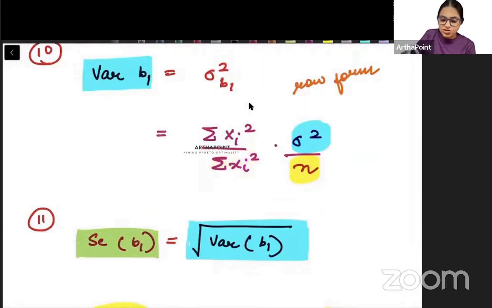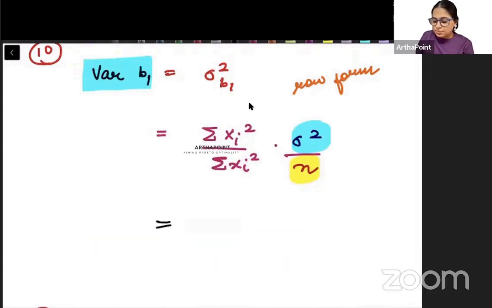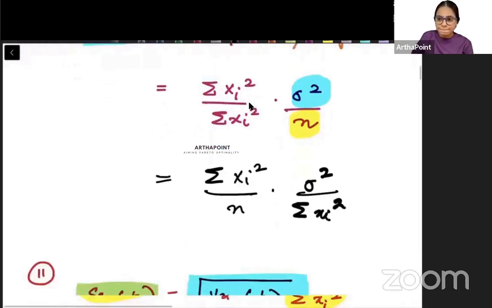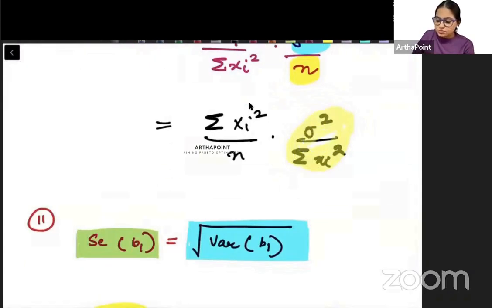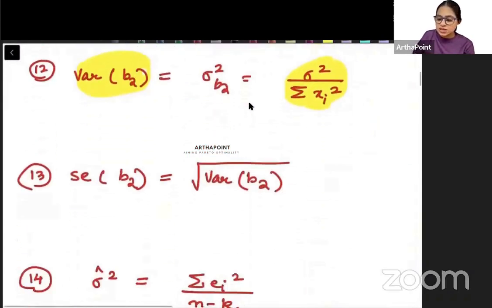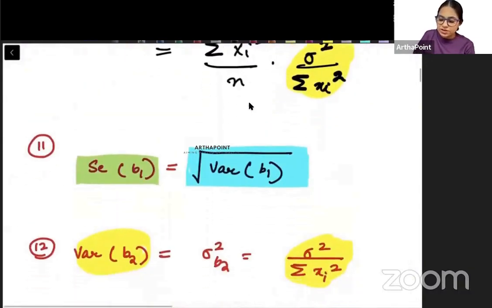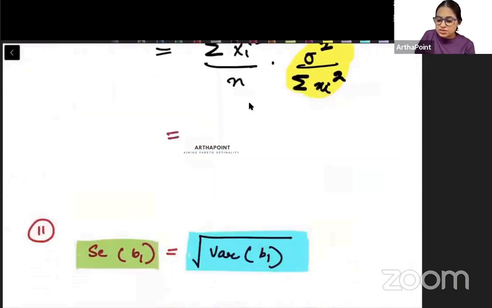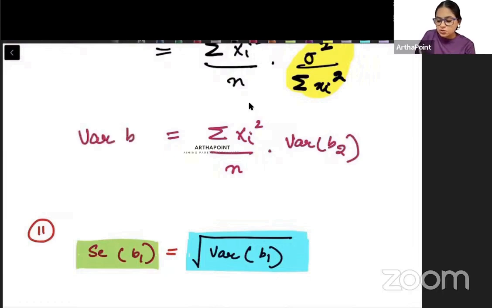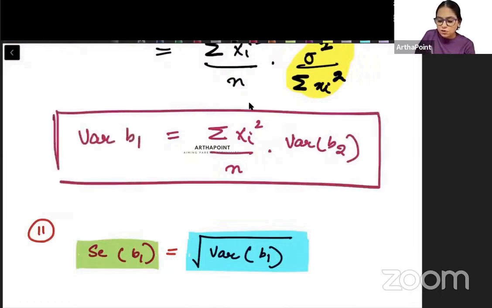So variance of B1 can be rewritten as summation xi square by n into sigma square upon small xi square. And this part, ये वाला जो part है, this is nothing but the variance of B2. So we can rewrite this as summation xi square by n into variance of B2. This will be variance of B1.